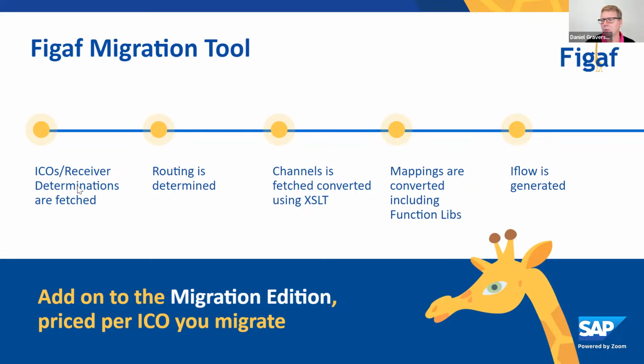So the way we're dealing with this is, first we will select the ICO, the receiver determination. We will determine the routing. We will fetch all the communication channels for this. We will convert it, and then we will generate an iFlow based on all of these artifacts.